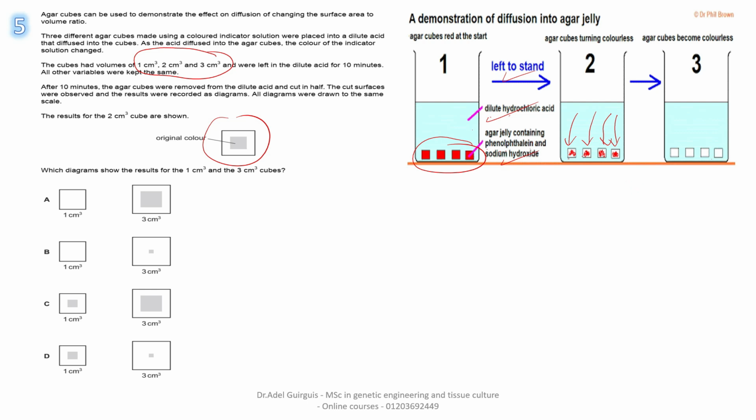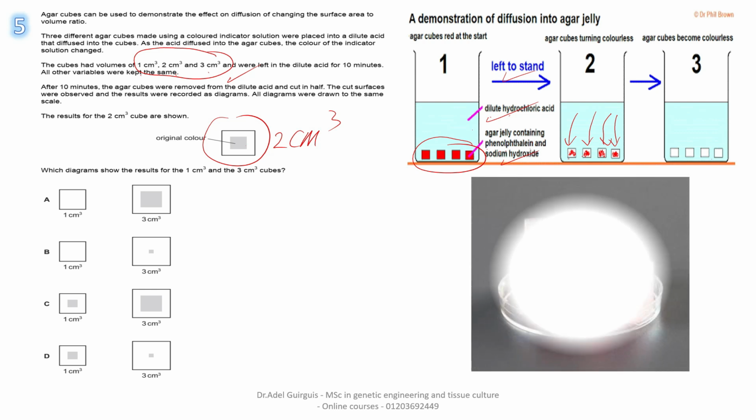In this exam question, we have 1 cubic centimeter, 2 cubic centimeter and 3 cubic centimeter. Expect, with the 2 cubic centimeter cube, the answers; look at figures A, B, C and D.